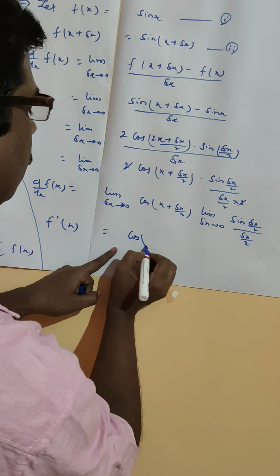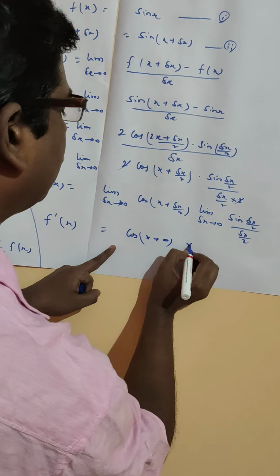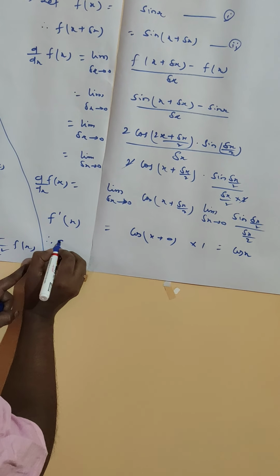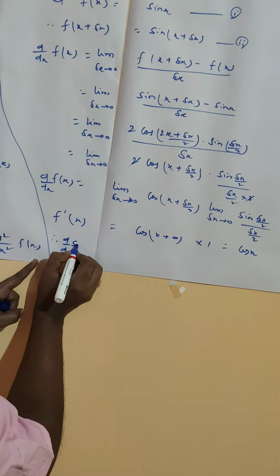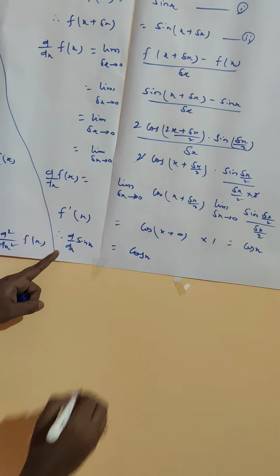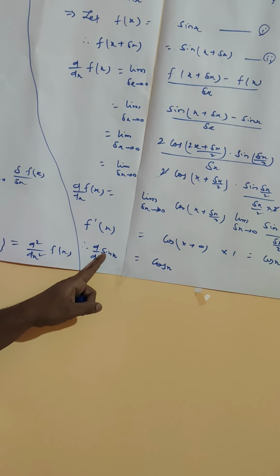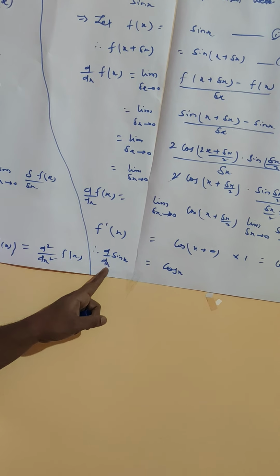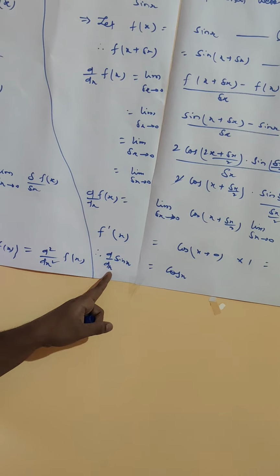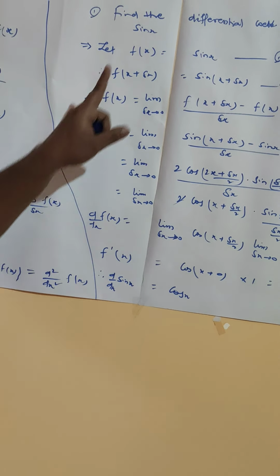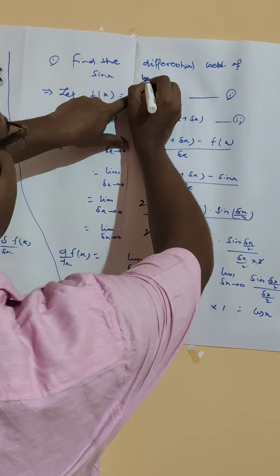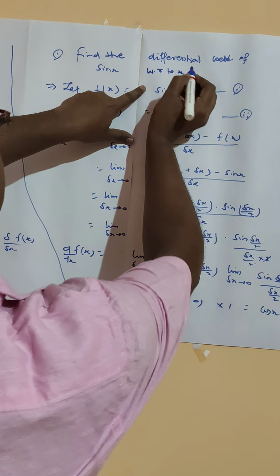Here cos x plus 0 into 1, this is cos x. Hence d by dx of sin x equals cos x. The DC of sin x, the differential coefficient of sin x with respect to x, is cos x.